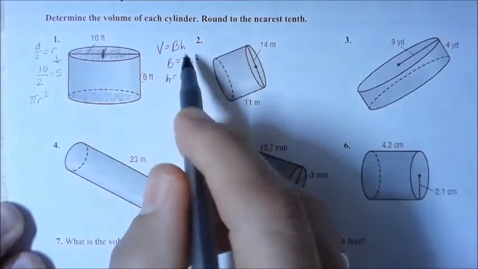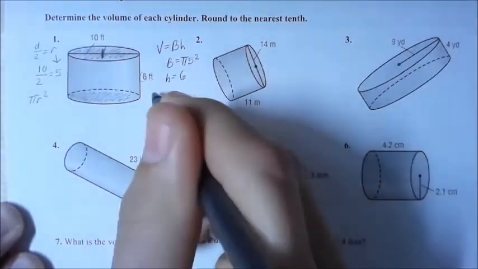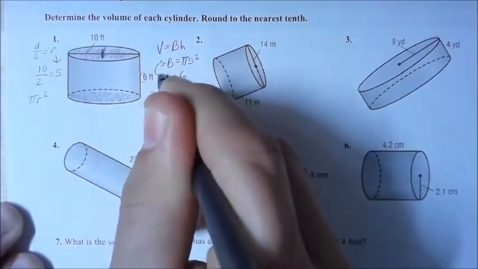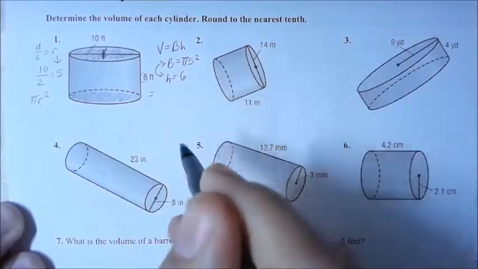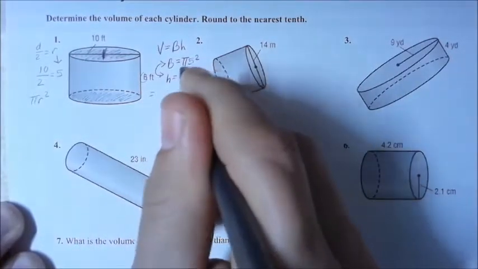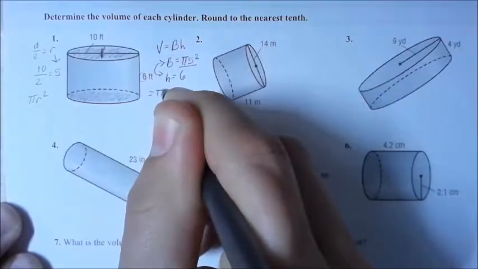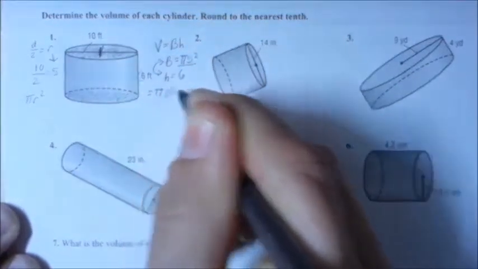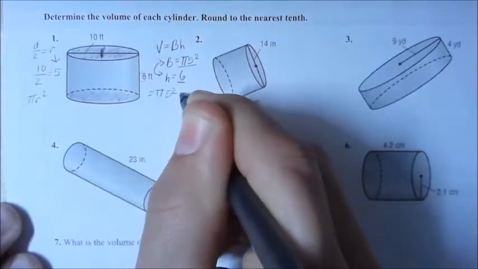So now that I got these two values, I can go ahead and put them together. Remember, we're going to multiply big B times H. So I'm going to write this first: pi 5 squared times 6.